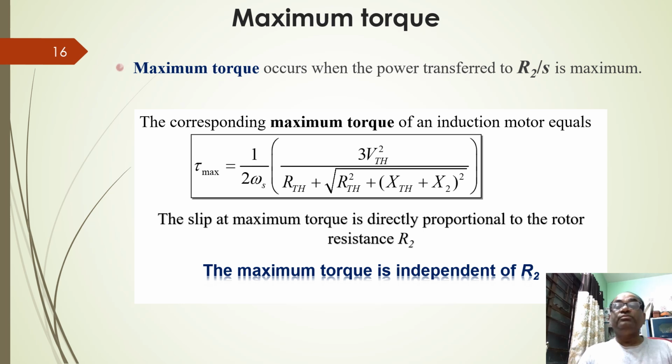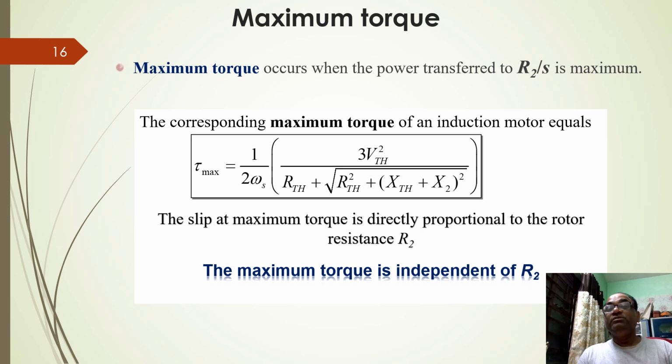This is the equation of the maximum torque calculated. So the maximum torque occurs when power transferred to R2 by S, that is rotor resistance by slip, is maximum. This is the amount of load on the motor.